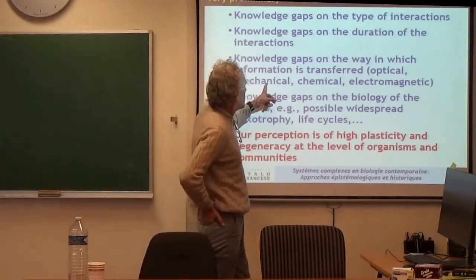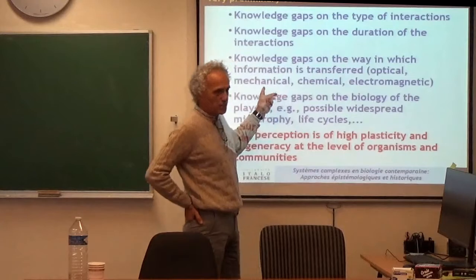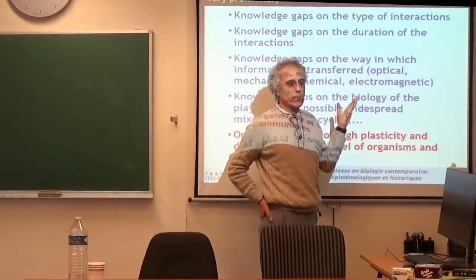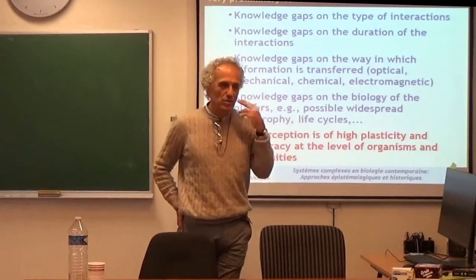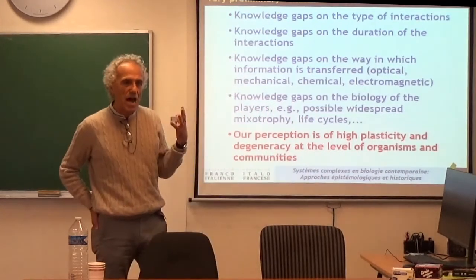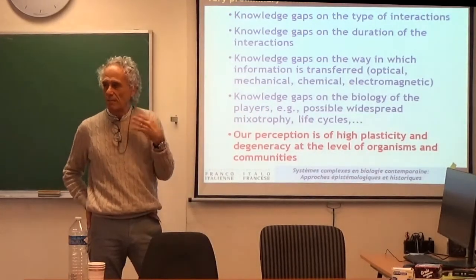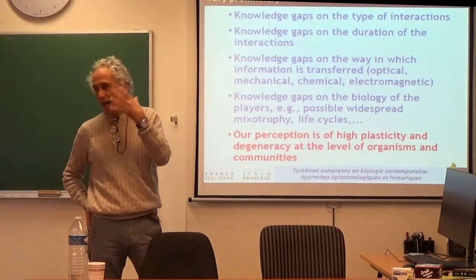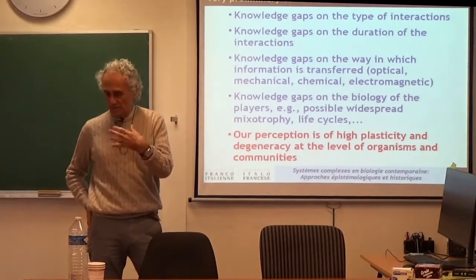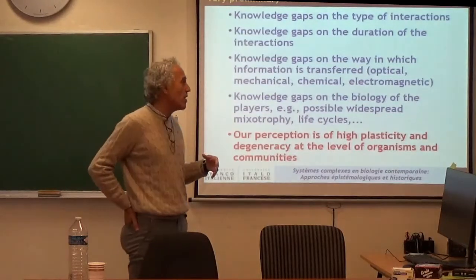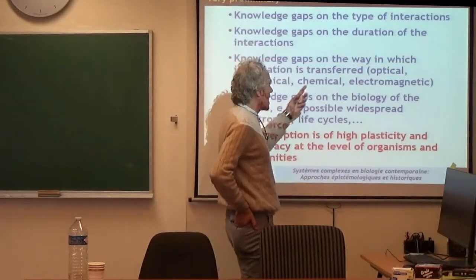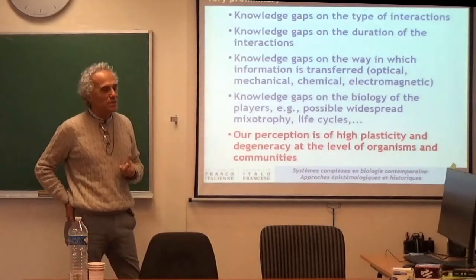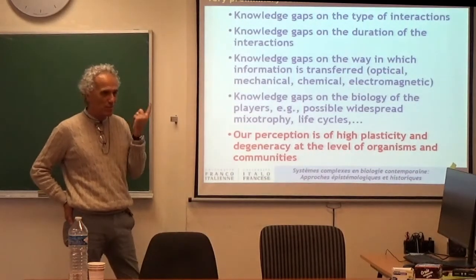We don't know how the information is transferred among the organisms, because it can be optical, but for example, copepods don't see. They don't have an eye, but they have very, very refined mechanical sensors. So probably the mechanical sound, in a wide sense, which is transmitted very well in marine environment, can act. Chemicals, we know that there are pheromones, but still, when you have pheromones, there is a diffusion problem and the problem that the water moves.